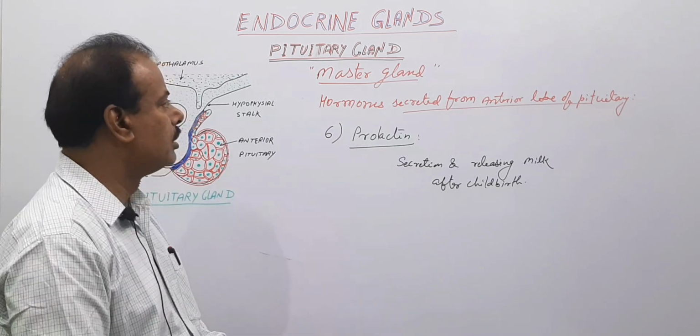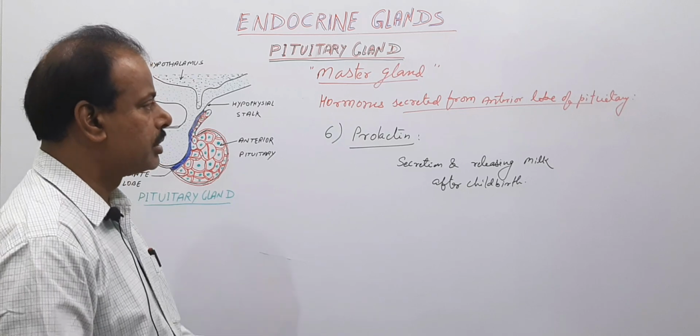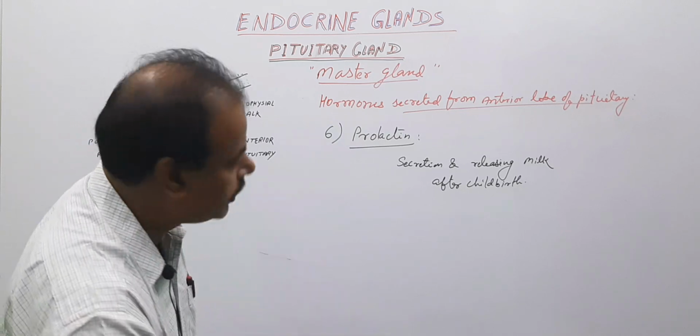So these are some important hormones which are secreted from the anterior lobe of pituitary.